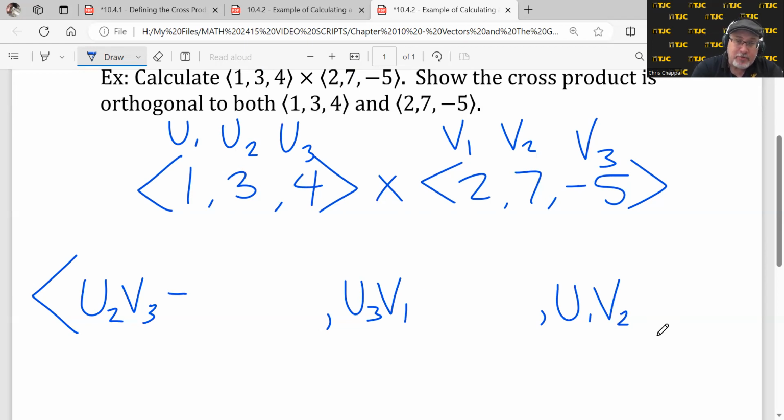Then from each product in the components, we're going to subtract what we would get if we switch the subscripts for each of the variables. So for example, in the first component here, instead of U2 V3, we're going to say U3 V2.